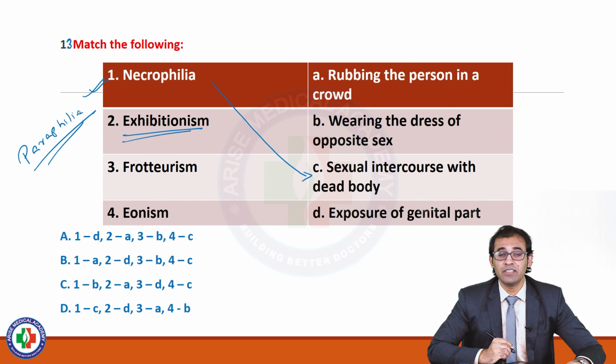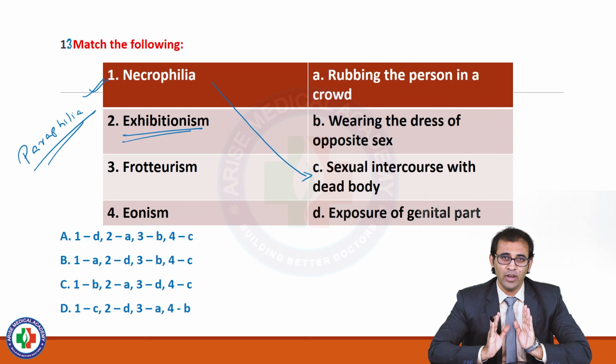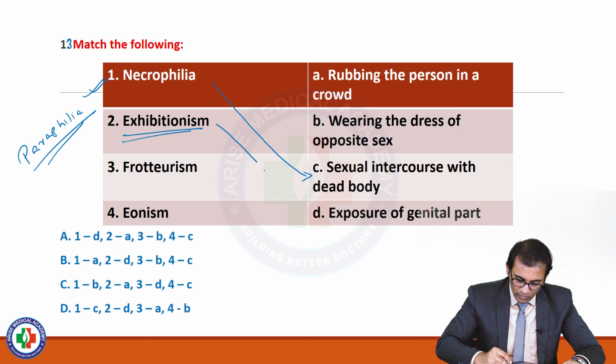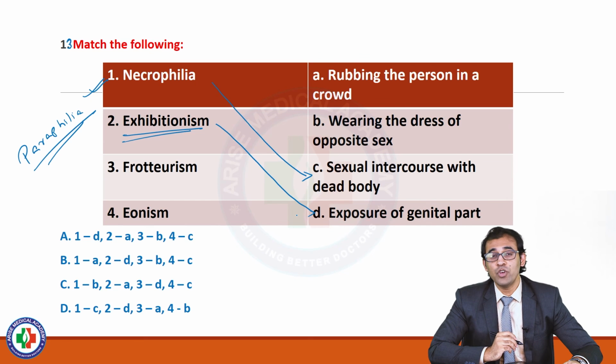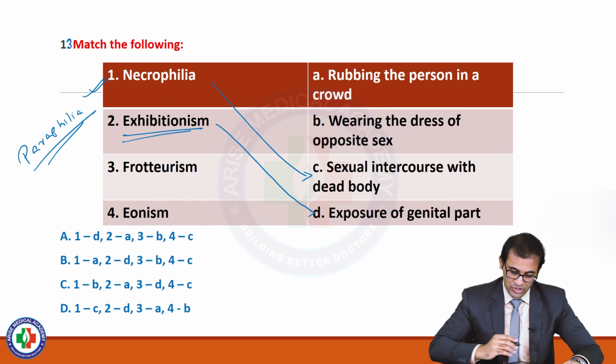Exhibitionism: until and unless a person exposes his genital organ to a stranger, he will not get an erection, he will not get orgasm. So, exposure of the genital organ. Frotteurism: rubbing against a person in a crowd to get sexual gratification.